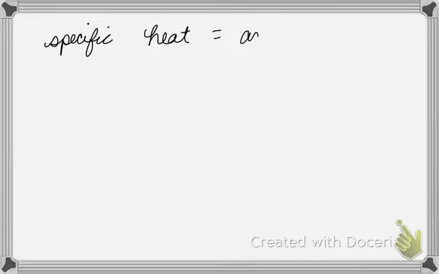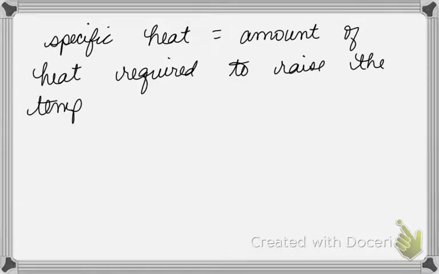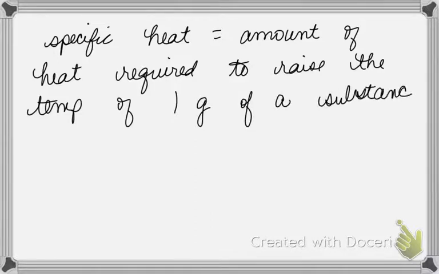The specific heat is the amount of heat required to raise the temperature of 1 gram of a substance by 1 degree Celsius. So it's how much heat it takes for something to experience a temperature change.